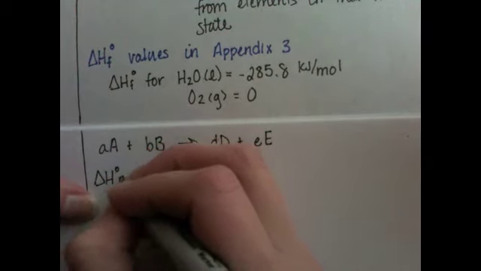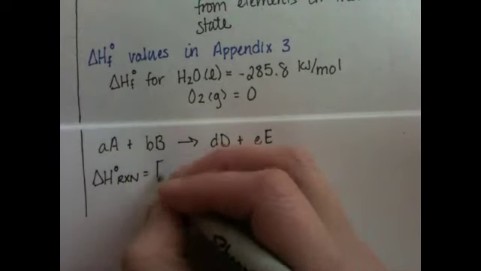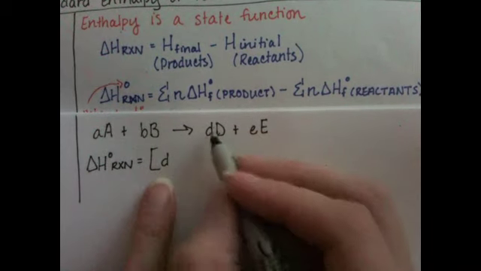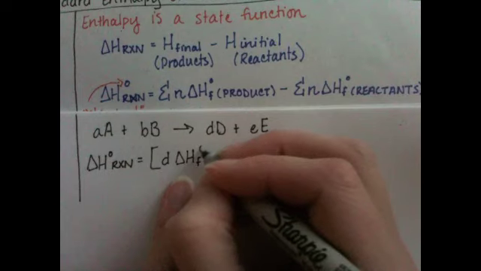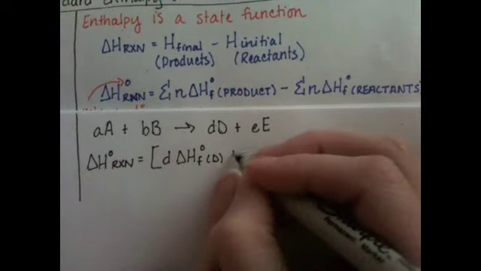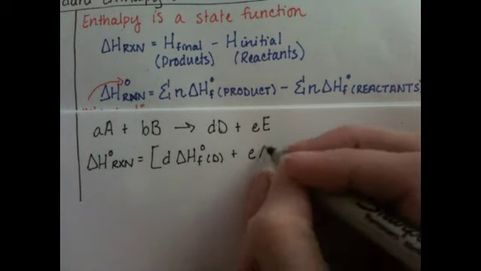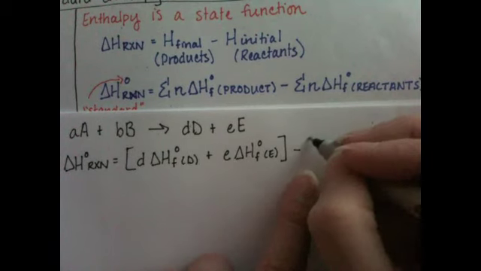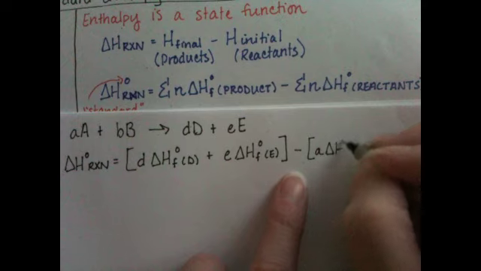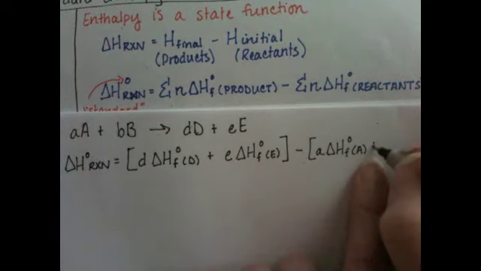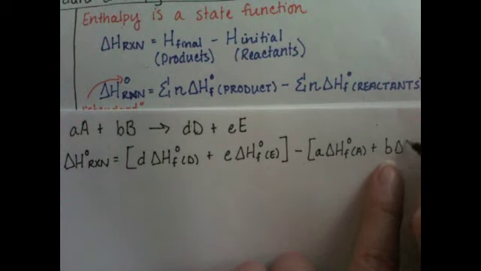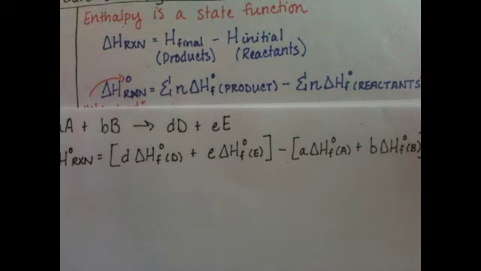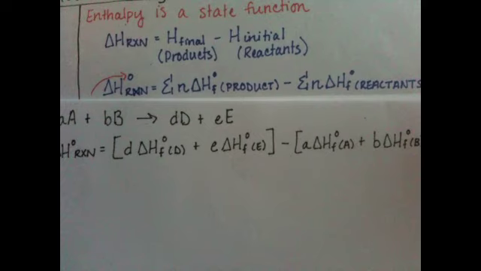The delta H of reaction is calculated by this equation: the number of moles of product D times the enthalpy of formation of D, plus the number of moles of product E times the enthalpy of formation of E, minus the number of moles of reactant A times the enthalpy of formation of A, plus the number of moles of reactant B times the enthalpy of formation of B. It's a lot to write these equations out, but they're really fast to calculate, and we're going to do an example of that.